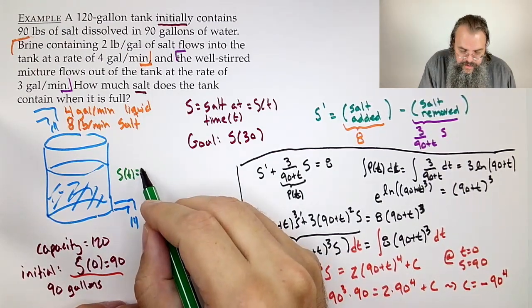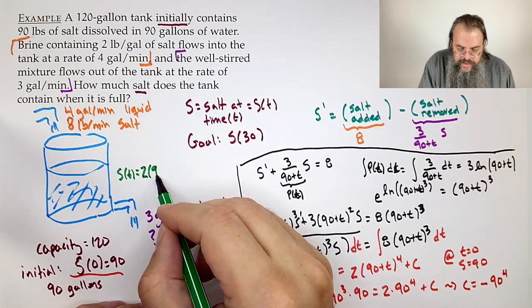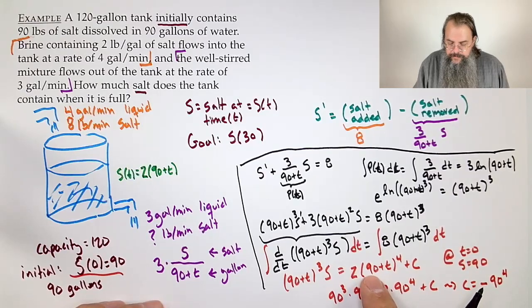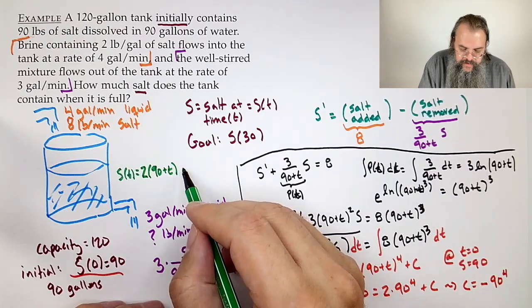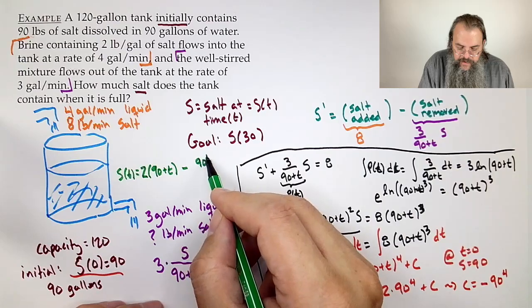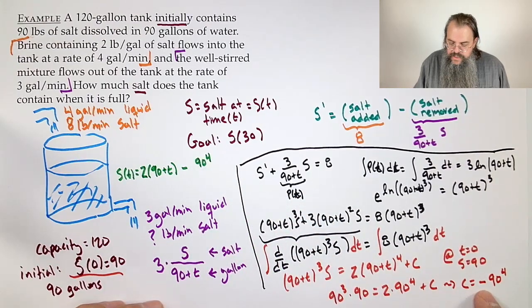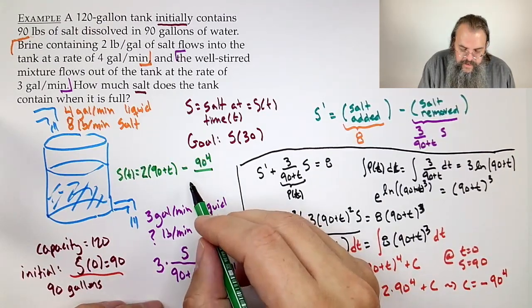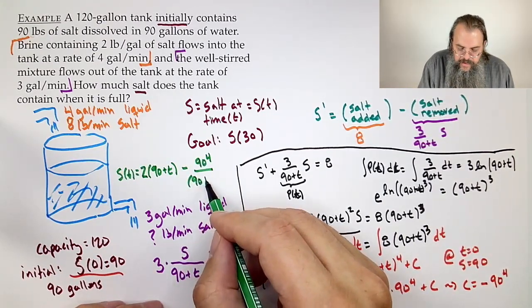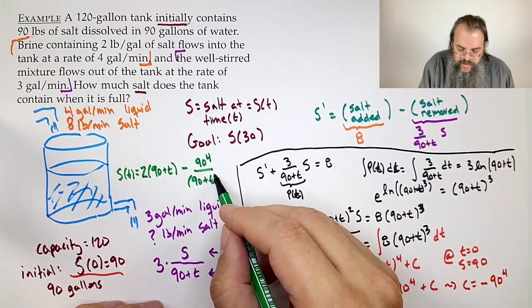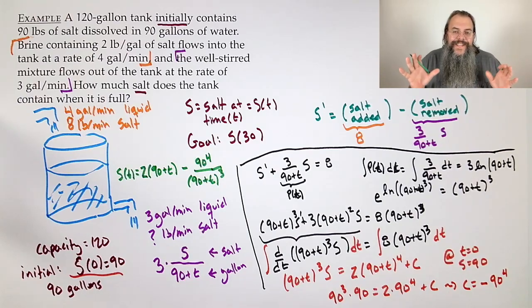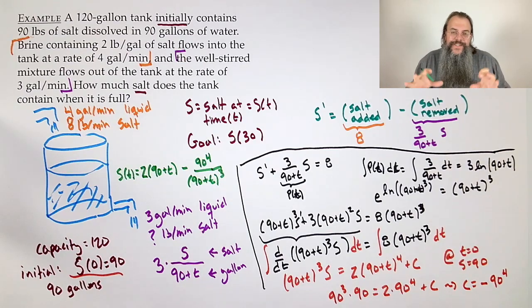So we'll get 2 times 90 plus t, that's this part here, minus 90 to the 4th power, which is our c, divided by 90 plus t cubed. All right, so that is our function at any time t.